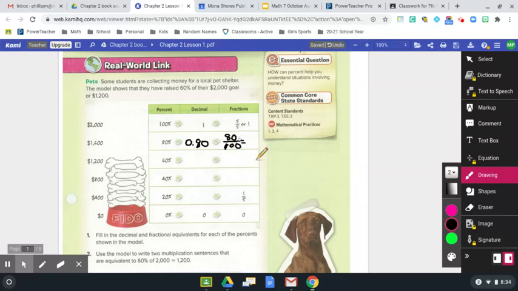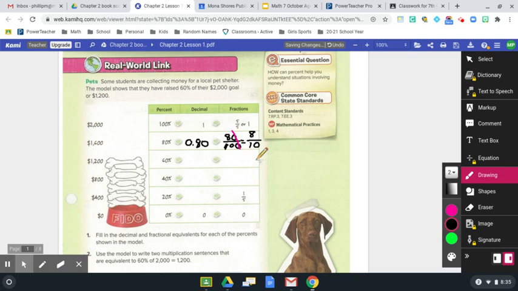My little trick is that if I see a 0 in the numerator and the denominator, I can cancel those out. That's essentially dividing by 10. If I divide both of those by 10, this reduces to 8 over 10.